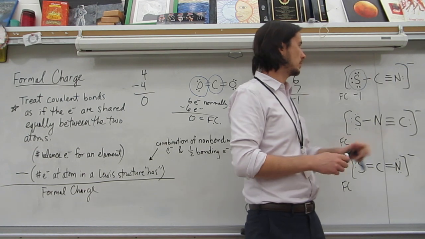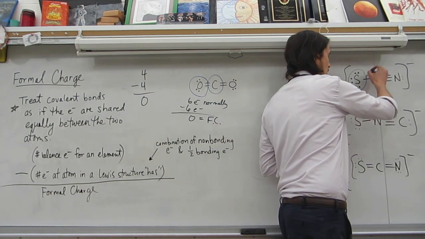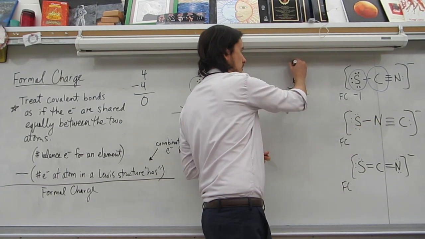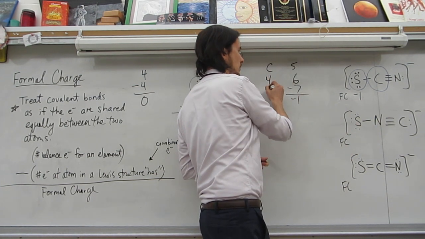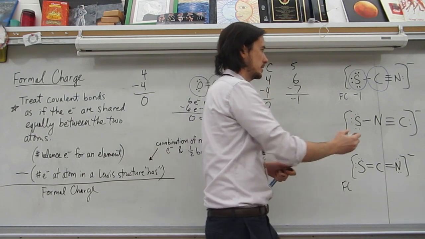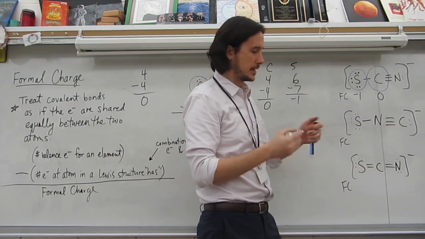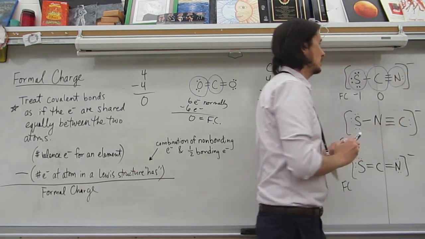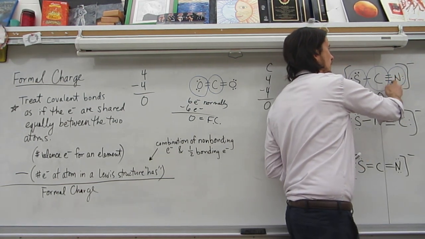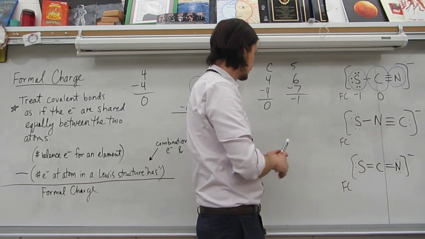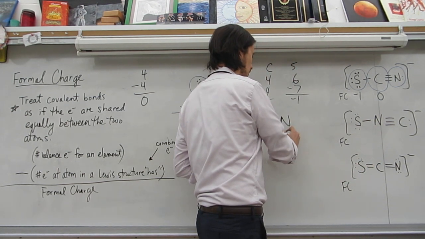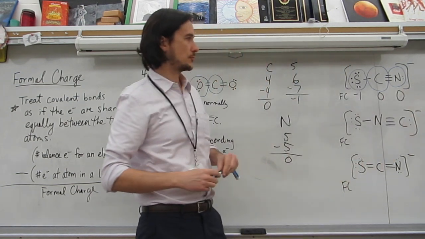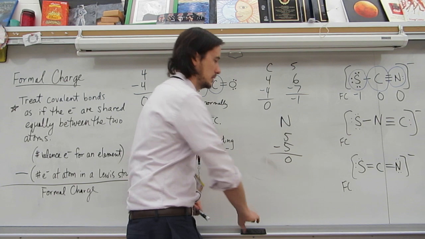But we can take a look. Carbon starts off with 4 electrons. Carbon is 0. Nitrogen has to be 0 now, but we can check. So nitrogen, we've got 2, 3, 4, 5. We've got 5 electrons. Nitrogen usually has 5, 5 minus 5 is 0.